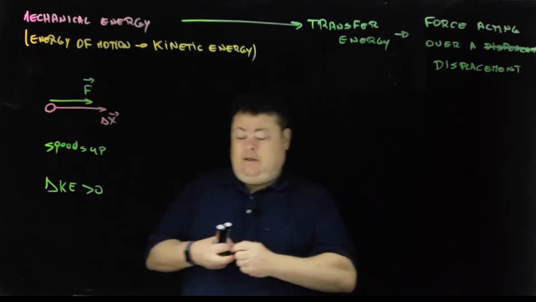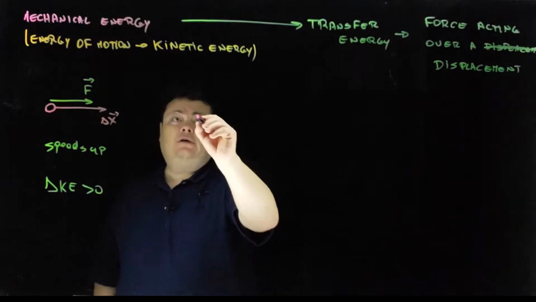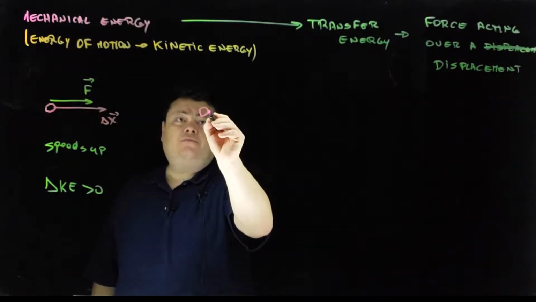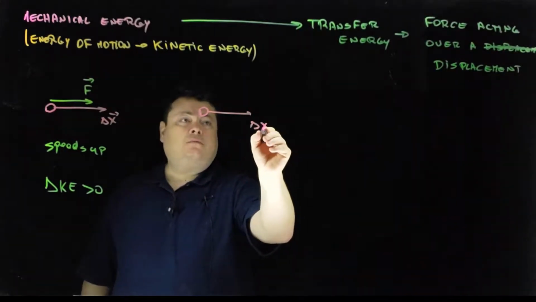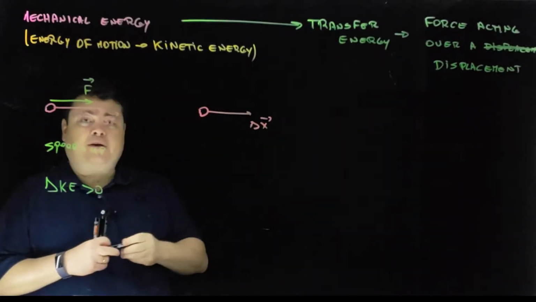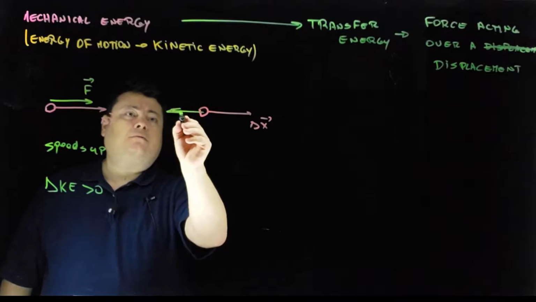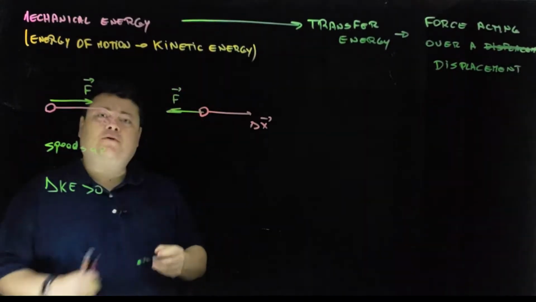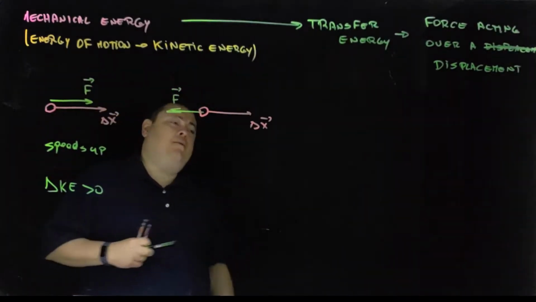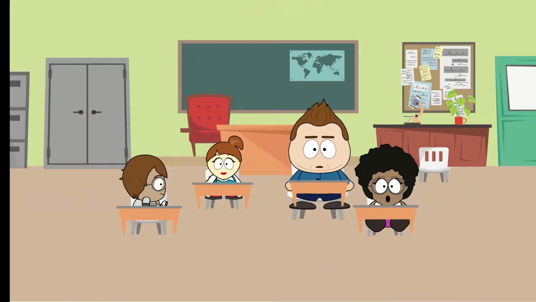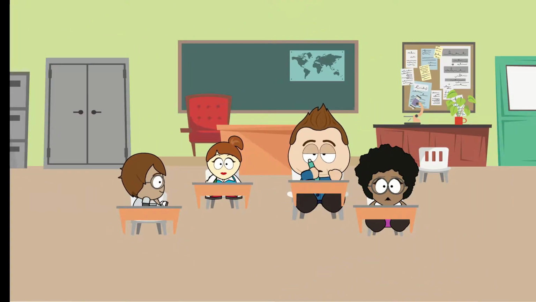What about this next situation? Object is moving. This is my displacement, but now the force is in the opposite direction. What do you say is happening? Well, now force and velocity are in opposite directions, the object is slowing down.